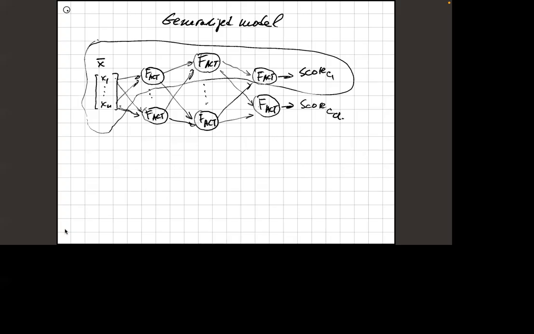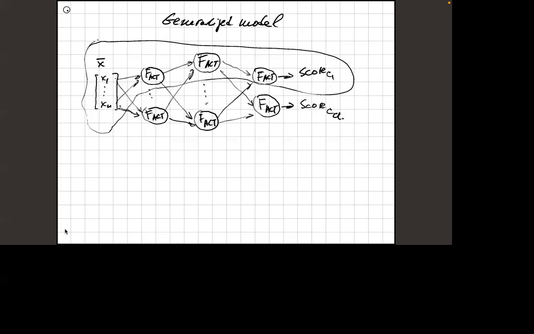At the end, we want to compute a score from the input, but now via a chain of activation functions, or a network of activation functions. We now understand that these Fs are nonlinear activation functions.